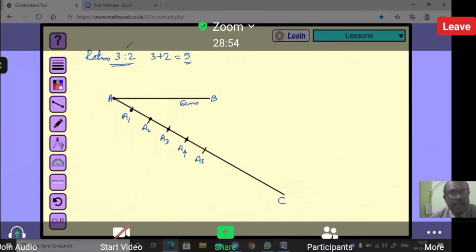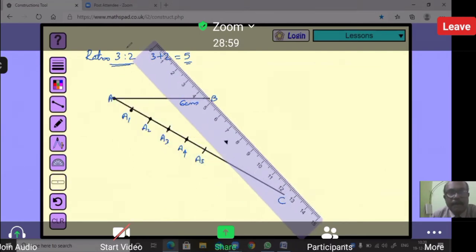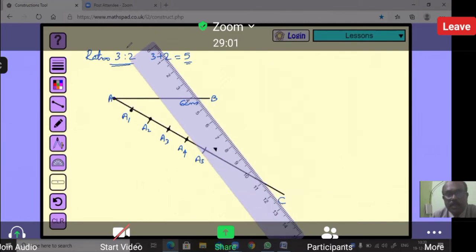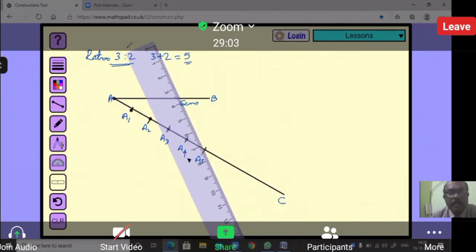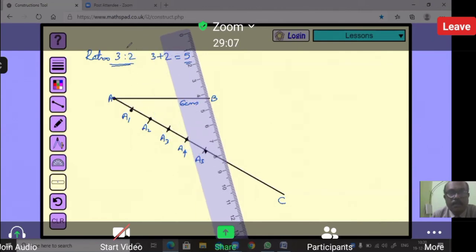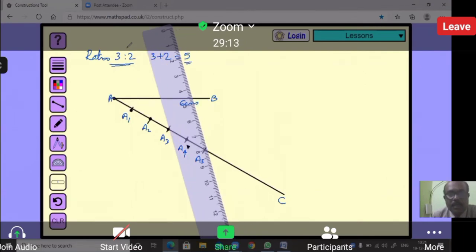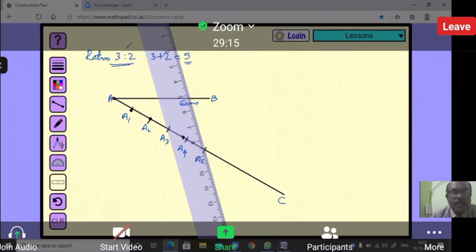So let's take the help of the ruler once again, and keep the ruler such that we can draw a line. This is time consuming, but still we can do it accurately. There is no problem.